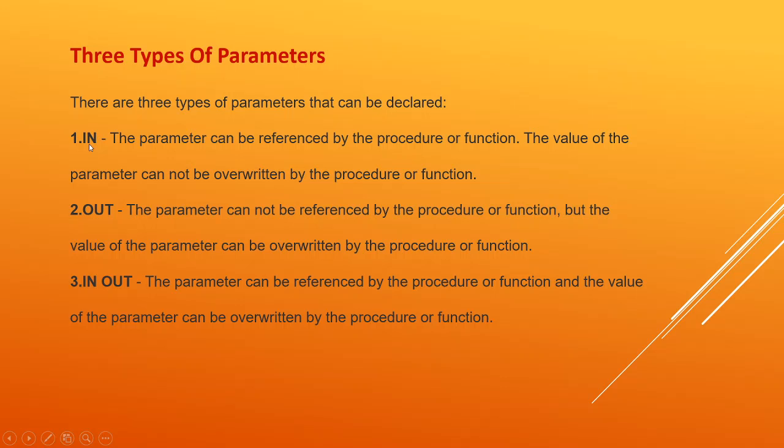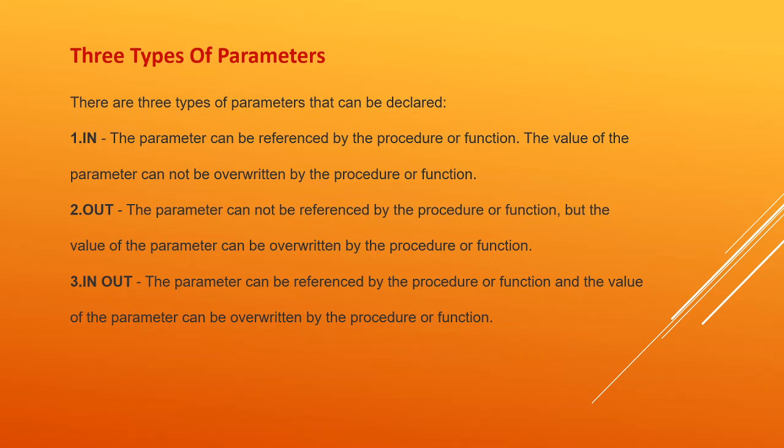We can have an in parameter, out parameter, and an in-out parameter. An in parameter is nothing but a variable that can receive a value from the main program. An in parameter can be used only to receive values from the main program, and can be used in the executable section of the function.